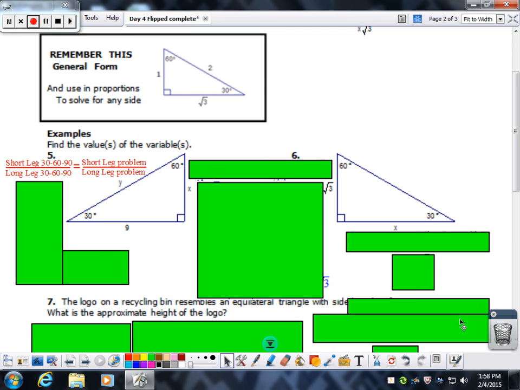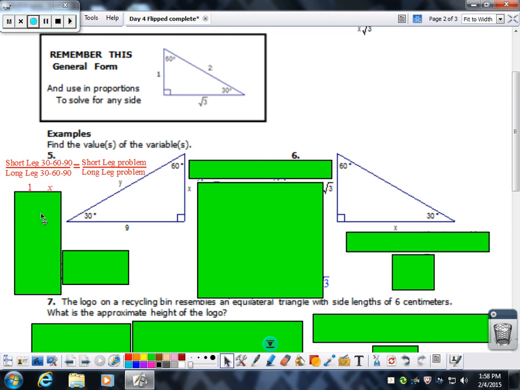We're going to set it up by using the short leg of the 30-60-90 over the long leg of the 30-60-90, which is 1 over the square root of 3, equal to the short leg in the problem over the long leg in the problem. So 1 over the square root of 3 is equal to x over 9. When we cross multiply, x square root 3 equals 9.